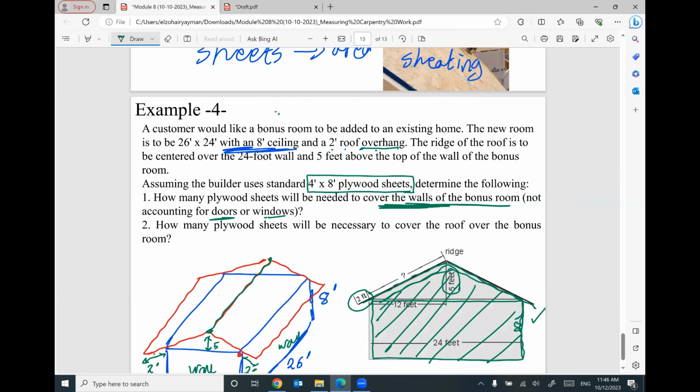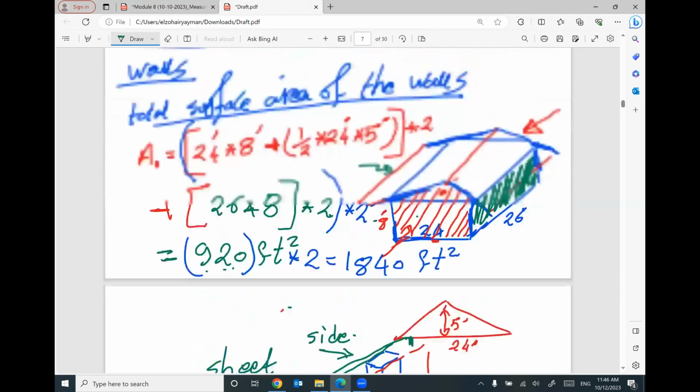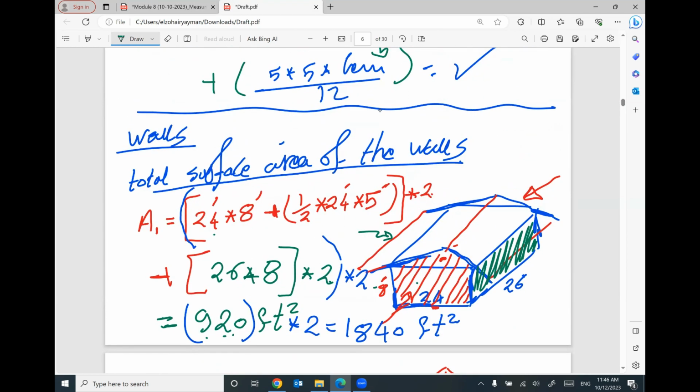So what I did right now, 26 by 8 plus this triangle, just only one side of this wall, one side. I multiplied it by 2, because I have 2 walls.